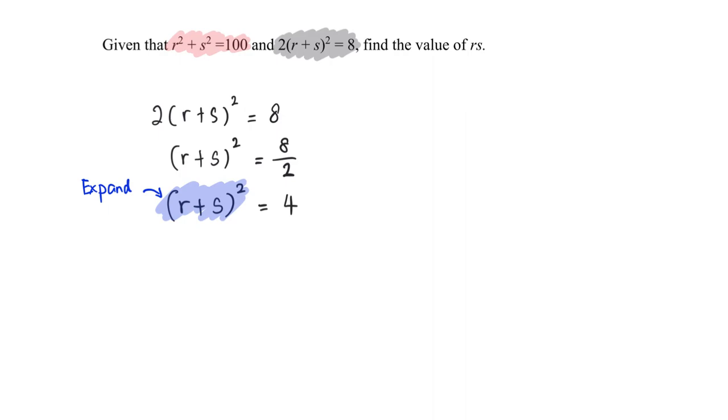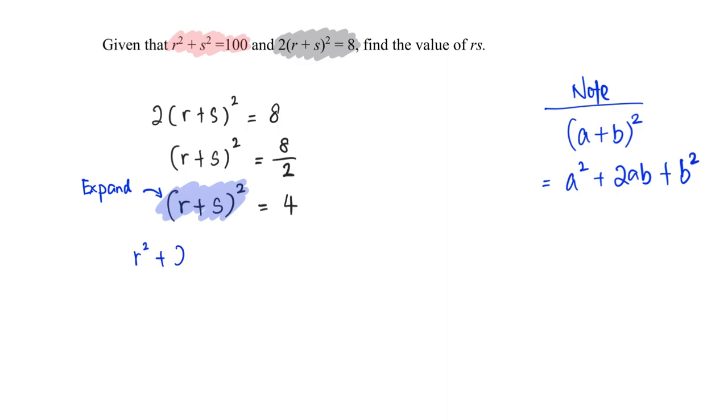Okay, so this is something for you all to take note. a plus b bracket squared is equal to a squared plus 2ab plus b squared. Applying this, I would get r squared plus 2rs plus s squared.